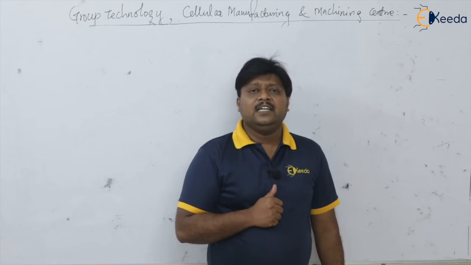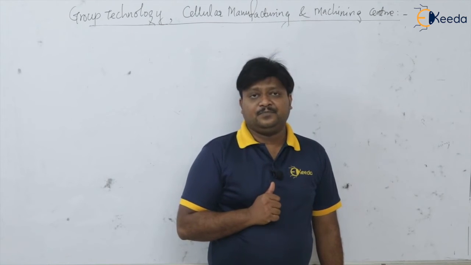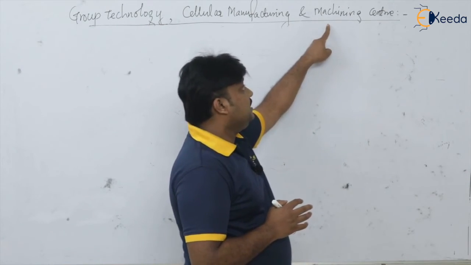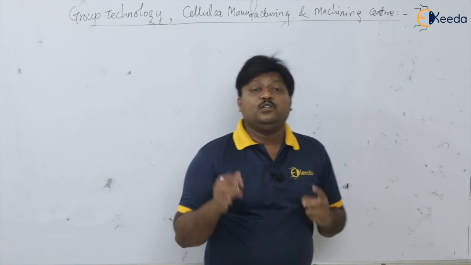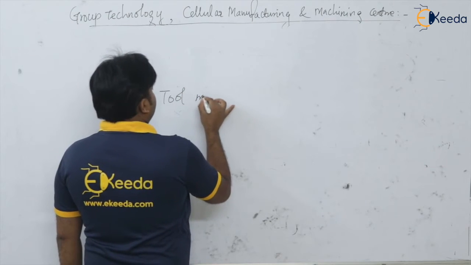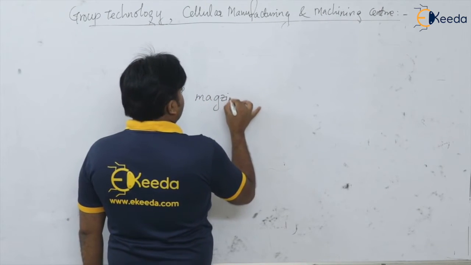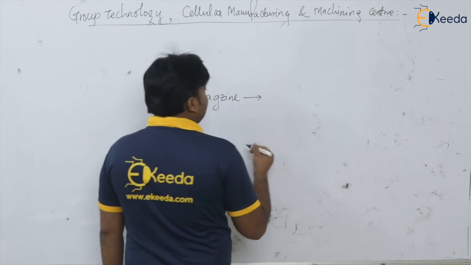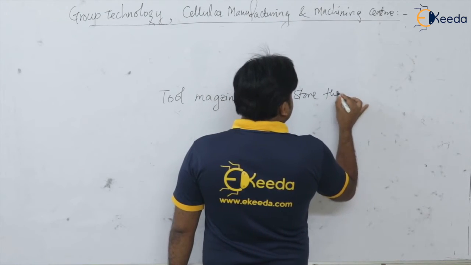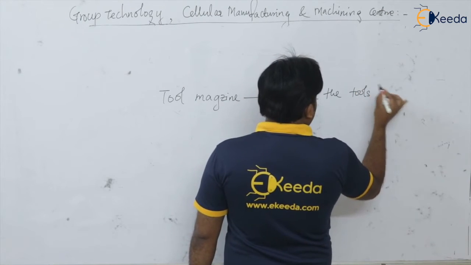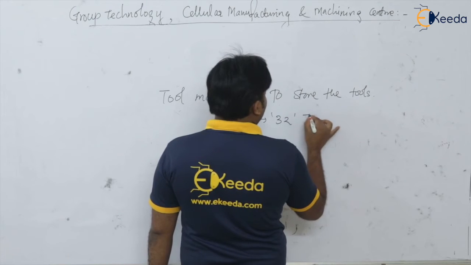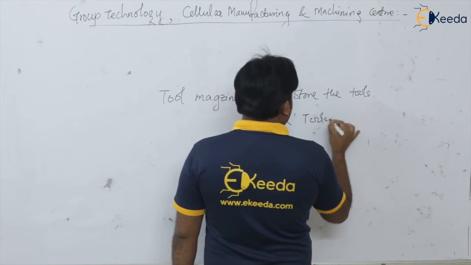So this is the machining center, in which, please remember, you have to keep in mind the tool magazine, which is used to store the tools. Okay, generally how many tools are there? 32 tools are there.